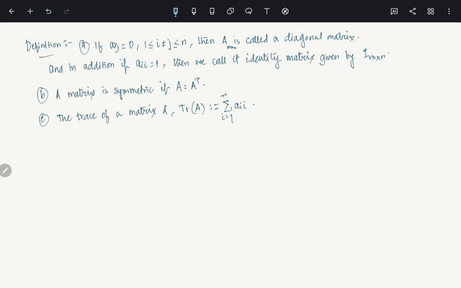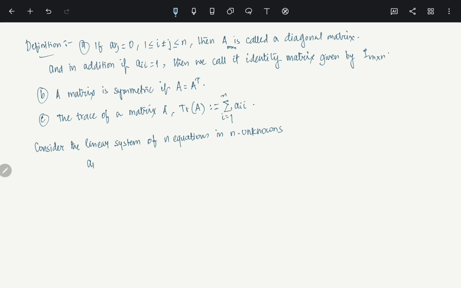I am assuming that you know some properties of determinants and all that; we are not doing it right now. Now another simple fact which we need to know related to matrices is this. Consider the linear system of n equations in n unknowns. So basically you are looking at a set of equations.